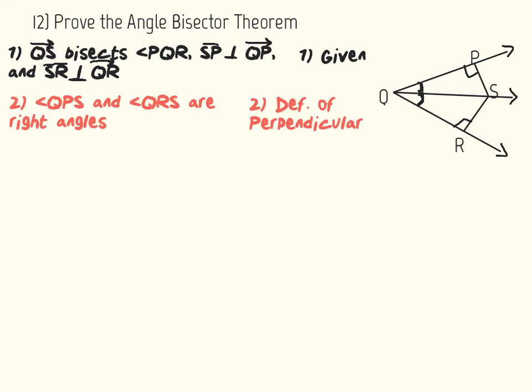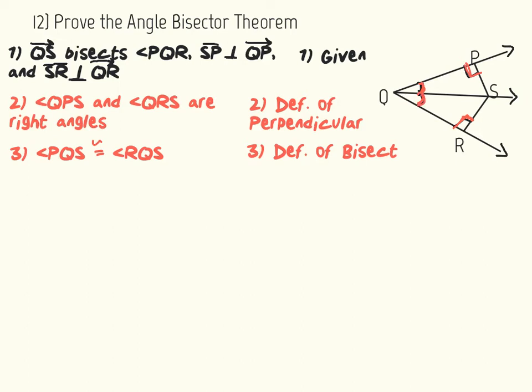So I would say that by the definition of perpendicular, angle QPS and angle QRS are right angles. And then we're going to do something with bisect. So I'm going to say that angle PQS is congruent to angle RQS, and that's by definition of bisect.